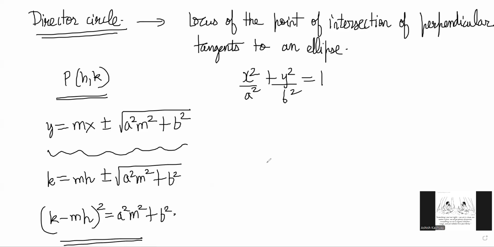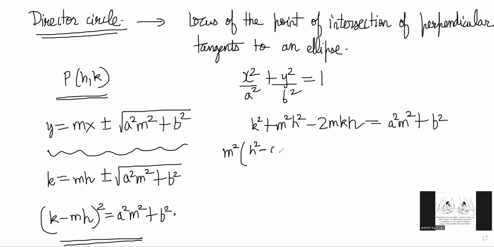And now we are getting a quadratic in m. You're getting k square plus m square h square minus 2mkh is equal to a square m square plus b square. And if you make it a quadratic, it is (h square minus a square) m square minus 2kh into m plus (k square minus b square) is equal to 0.